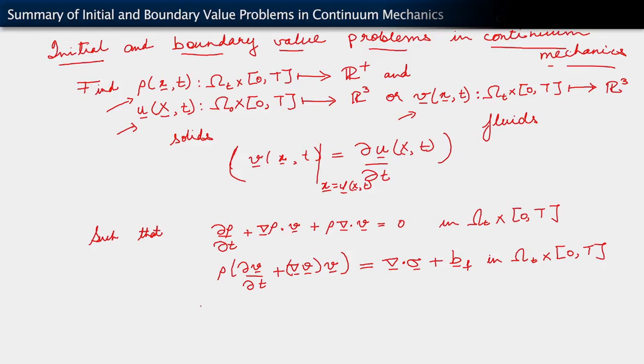Okay, so where, in the context of solids, I should say for solids, we need to say that F equals 1, our isotropic tensor, plus the partial derivative of the displacement with respect to the reference position.